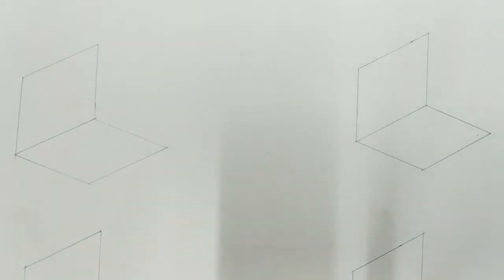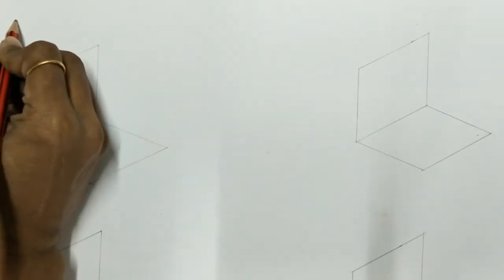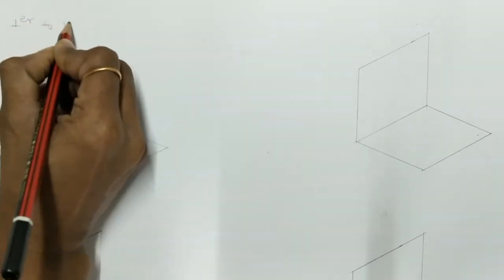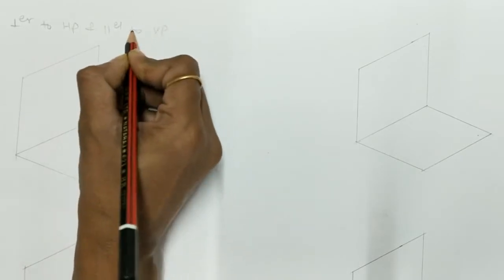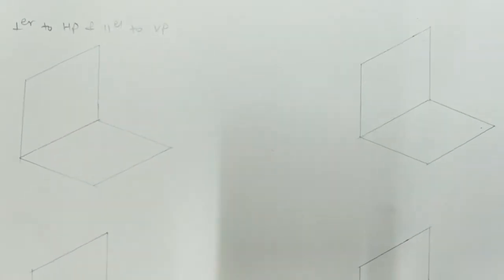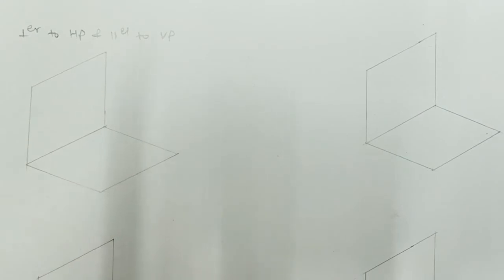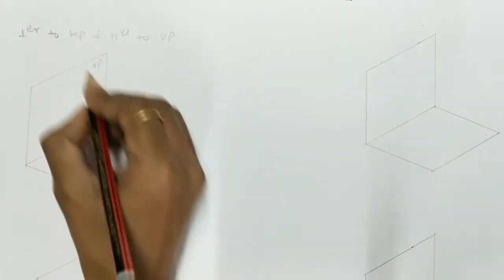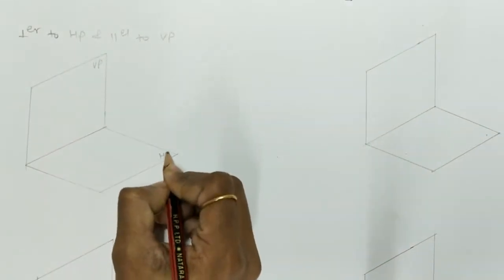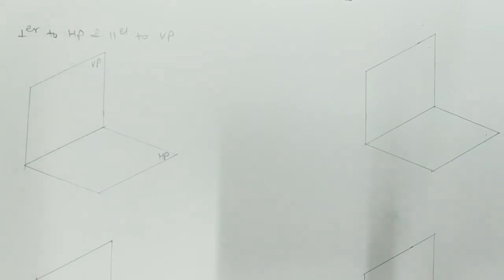So we will see first case, that is plane perpendicular to HP and parallel to VP. Now this is VP and this is HP. So we will draw a plane which is perpendicular to HP and parallel to VP.